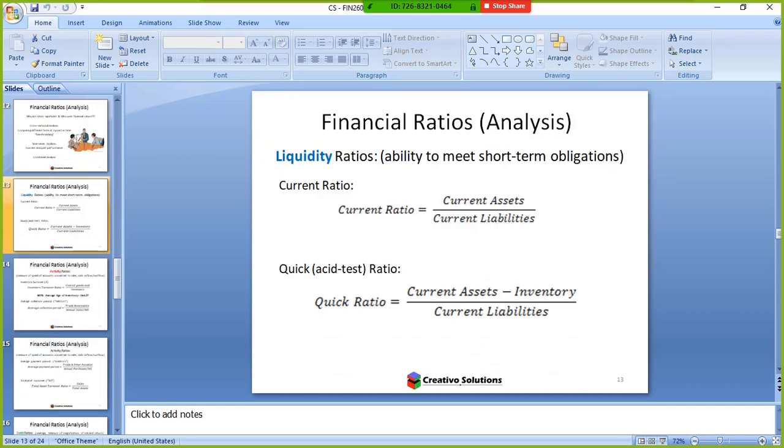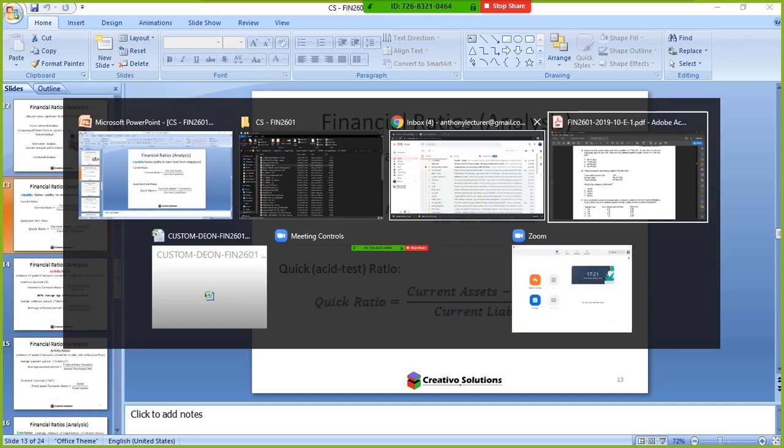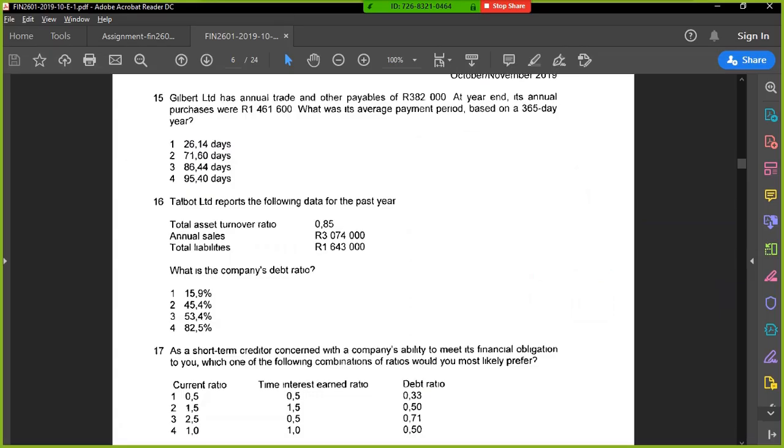Okay, what formulas do we need? Read the question for us. Wait. So the question, now I've closed that past paper. It's fine. It's on screen if you need it. Okay, so at the end of the year, what is the average payment period?